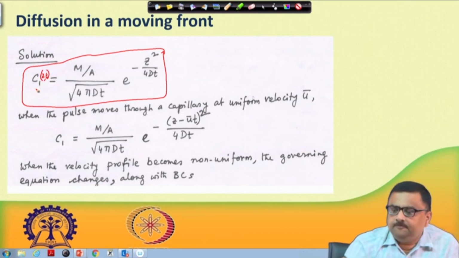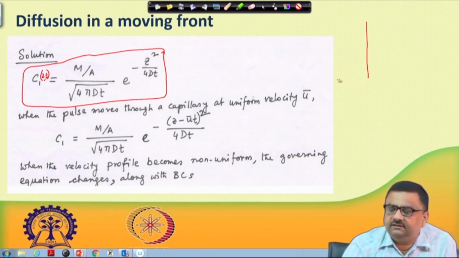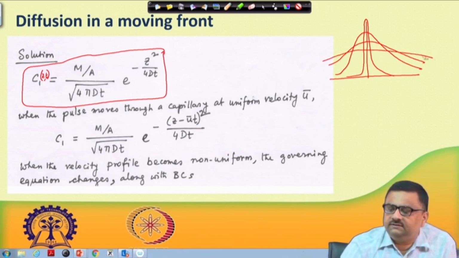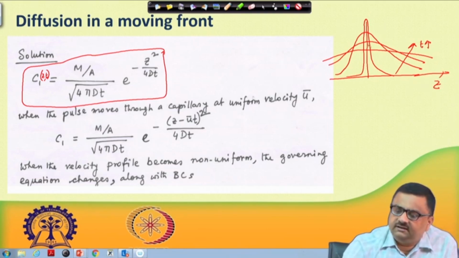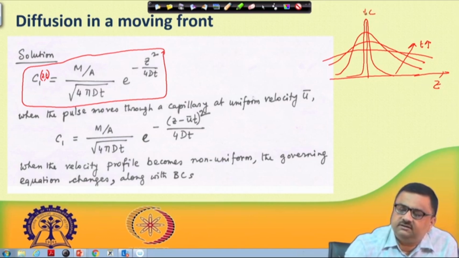That means, we said that this was the concentration profile, time t equal to 0 was this, and then gradually this, then gradually this, like this. So, as time progresses, the concentration changes. Let us say this axis is z, this axis is concentration.